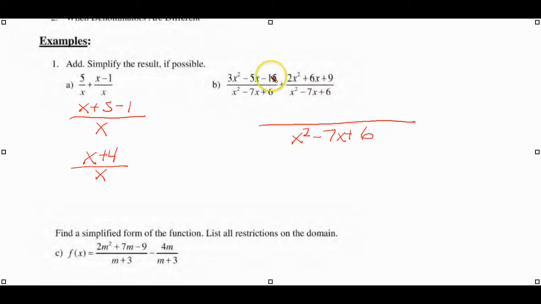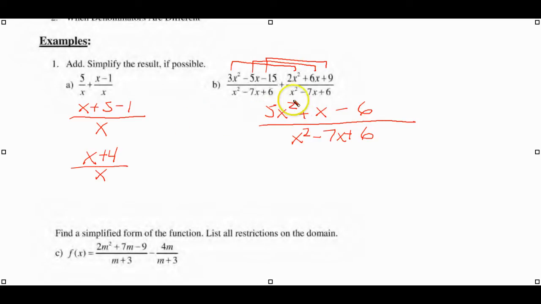So we could put all of this on top, or since there's a plus there, we're just going to combine like terms. So when we add, this is 5x squared. This will be a positive x, and this will be a negative 6.